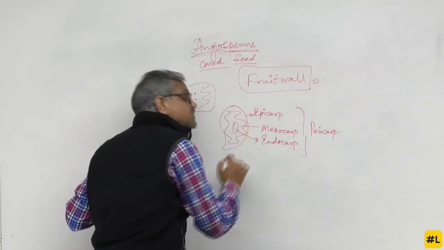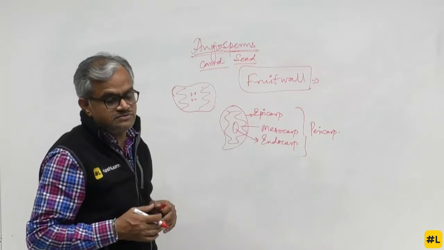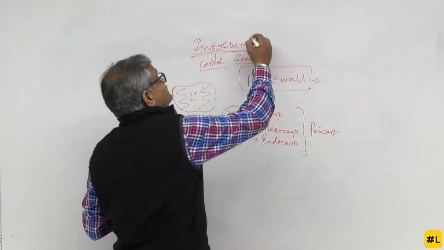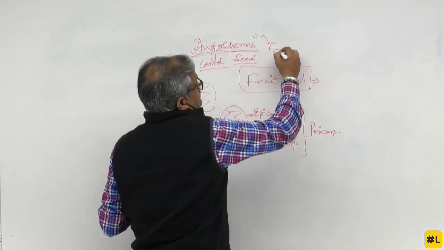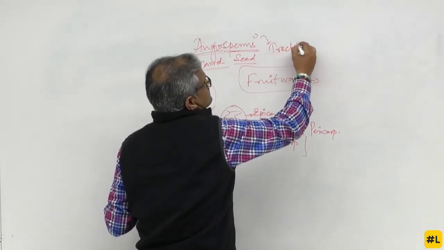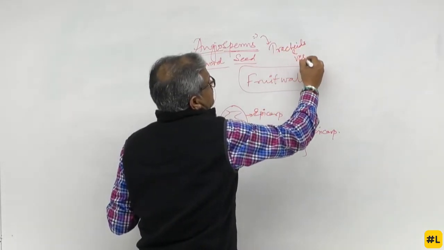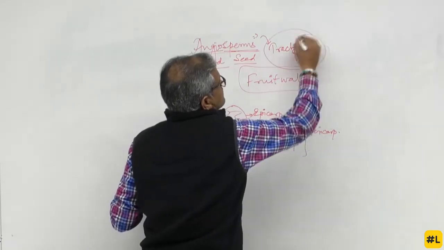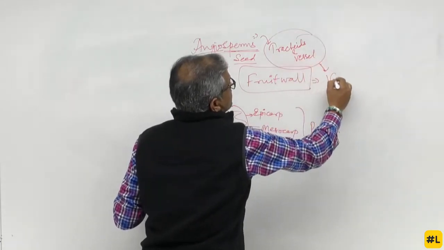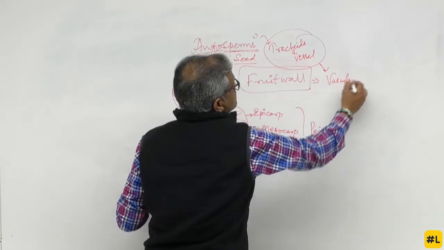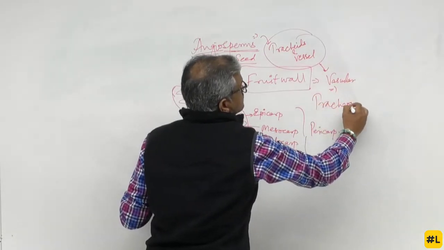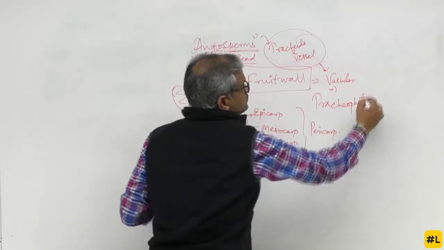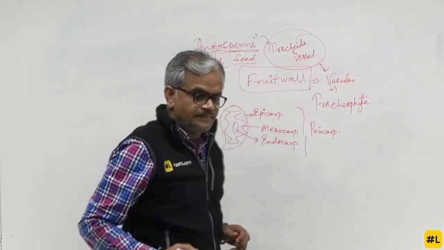So seed is covered, that is the unique thing, and they are covered, so it is angiosperms, and they have tracheids and vessels, means they have vascular bundles, so they are also called tracheophyta, right?